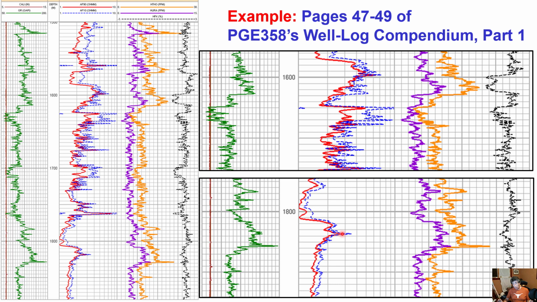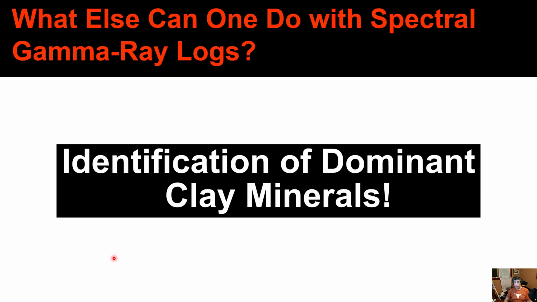So problem solved. I could not do this if I had only the standard gamma ray log. But in this case, with the spectral gamma ray log, I select the one that is not affected by the abnormal grain composition, and suddenly this potassium log works perfectly well along the entire depth interval of this sequence. That's a beautiful example.